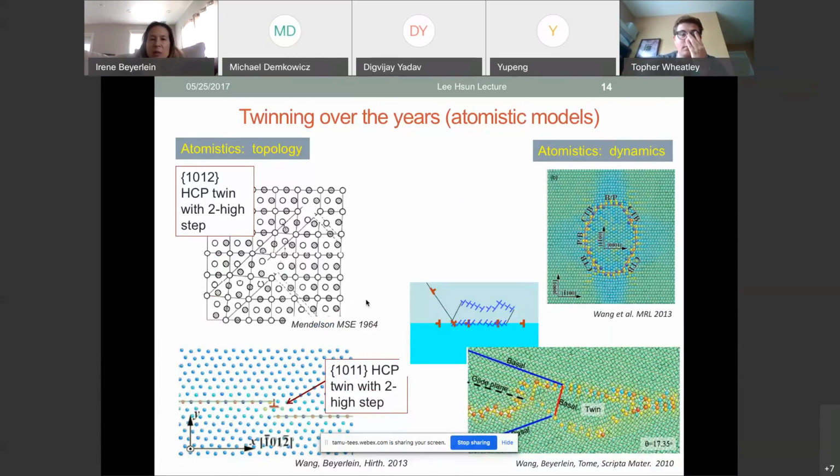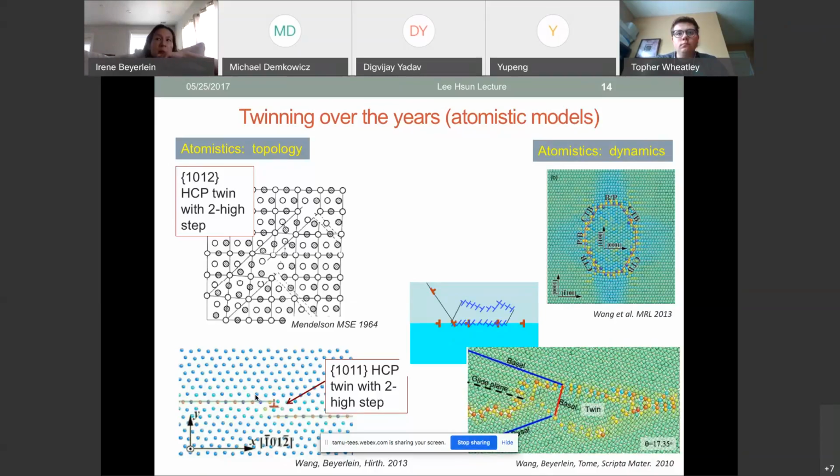And atomistics has been used in different ways. One is to analyze what would be the character of the twinning dislocation. While its Burgers vector is fixed, twinning dislocations have a step character as well.